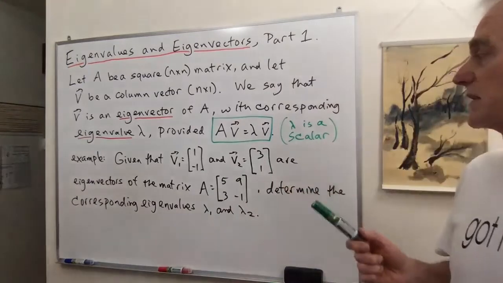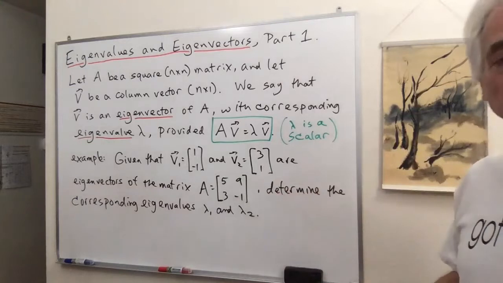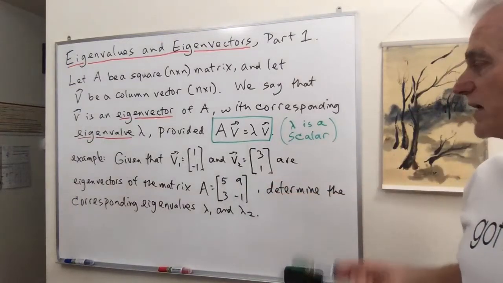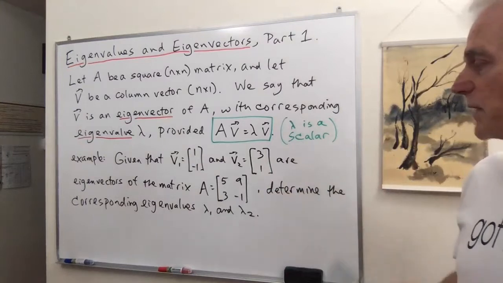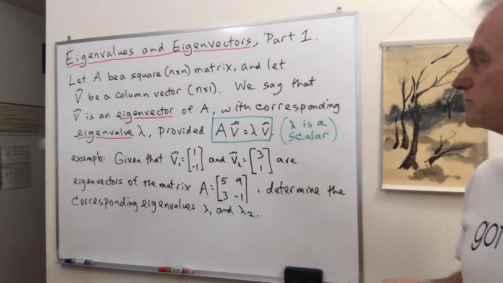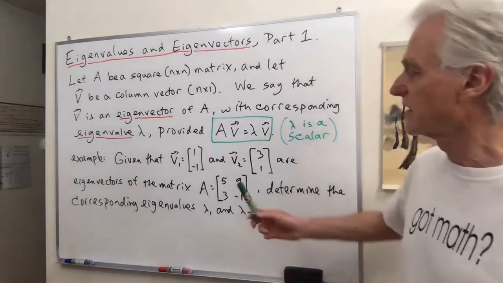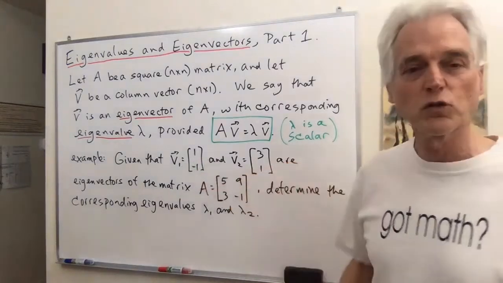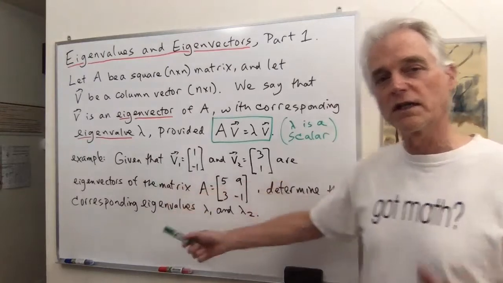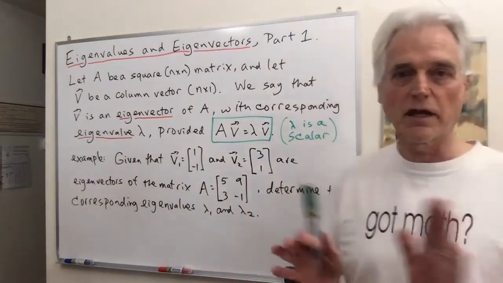So I'm given two eigenvectors of this square matrix, [5, 9; 3, -1]. We want to determine the corresponding eigenvalues, lambda 1 and lambda 2. Just going to use that equation. And you notice that this 1 and that 2 are just labels. This is the first eigenvector, V1. That's the second eigenvector, V2. We're not talking about components.